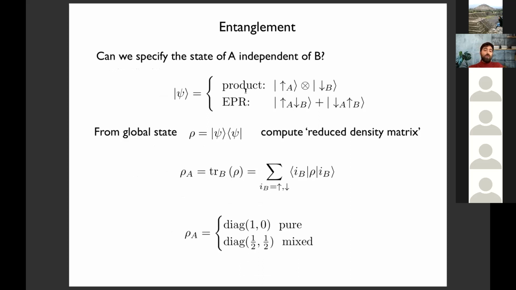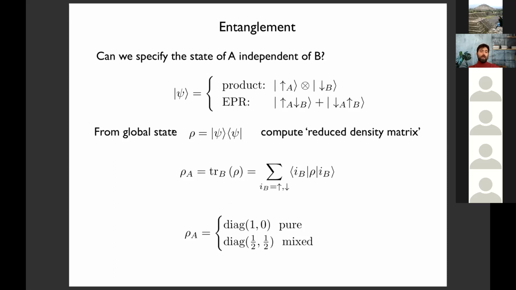The 2 usual examples are that if the total wave function for the system is a product state, then of course we can talk about the state of the particle A, say the spin A, without making reference to the state of the system B. Whereas if we have a Bell pair or an EPR pair, we cannot do what I just said, because then we say the 2 particles are entangled.